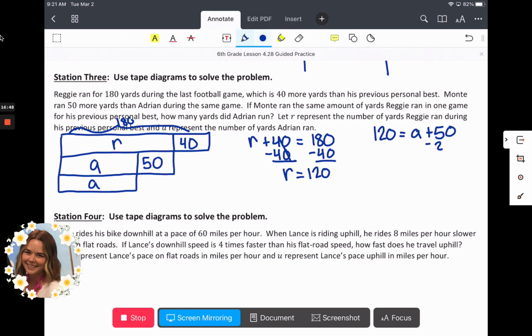We're going to subtract 50 from both sides, and we're left with 70. So Adrian ran 70 yards during that same football game. We could plug this all back in, and we'd get a true statement, and we'd be good to go.